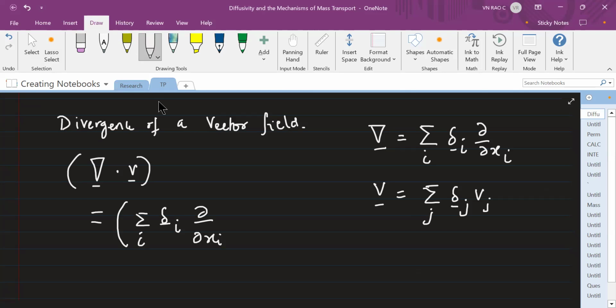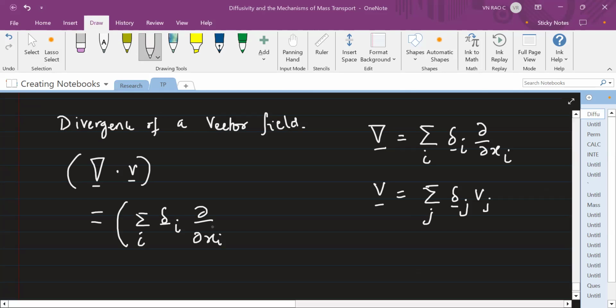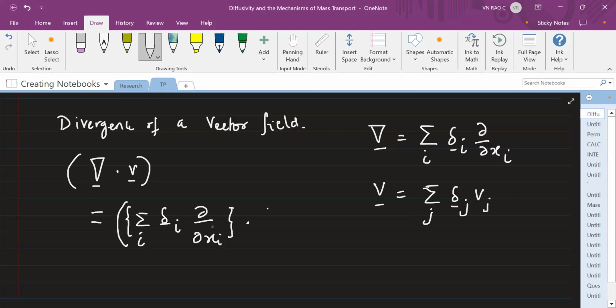This is one particular component. So let us write it like this, dot, sigma j delta j vj.